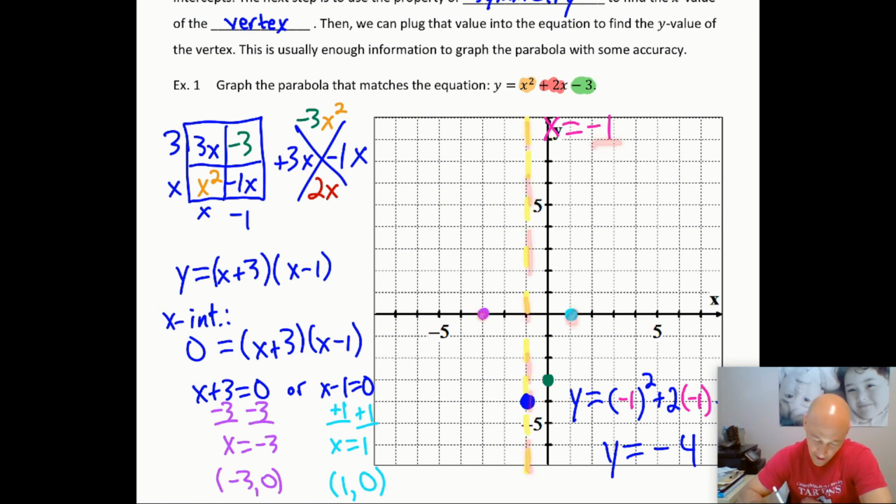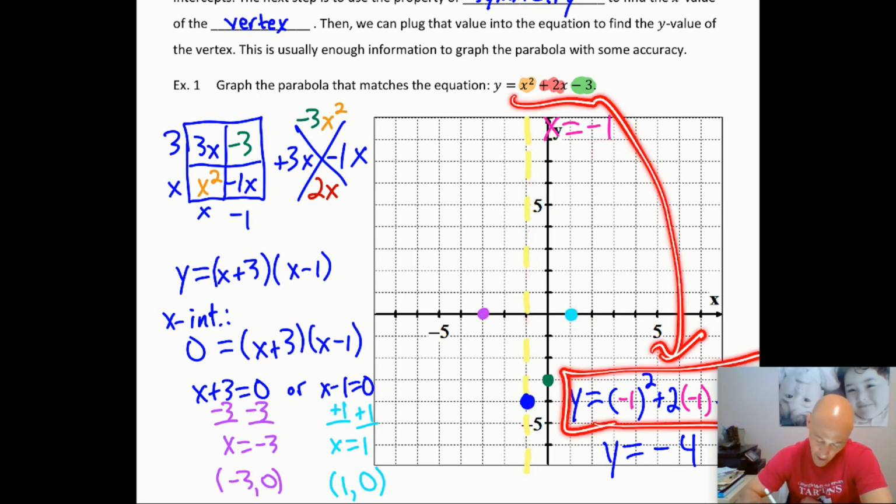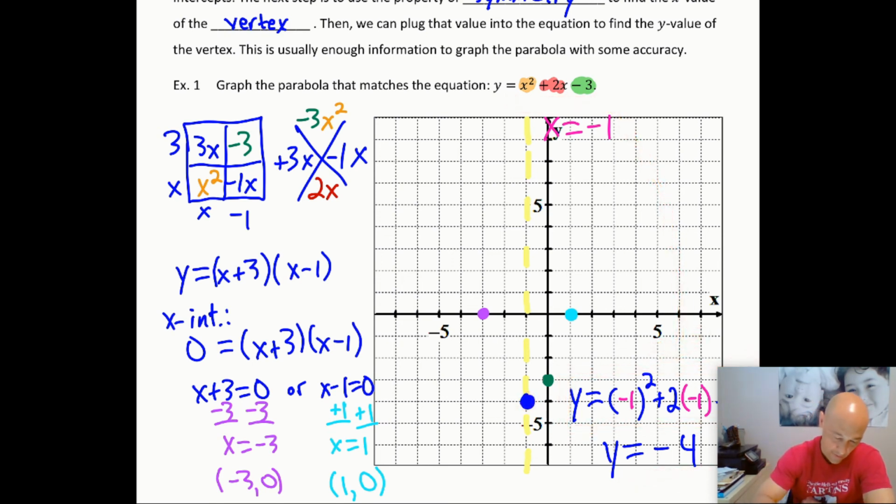So we plugged that -1 into our original equation, and we found the y value for that point, -1, -4 right there. And we also get a point. This has to be reflected across the axis of symmetry to right there. So that's a free point that we get.